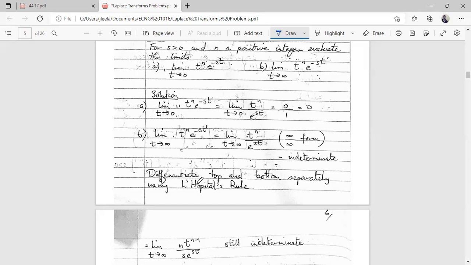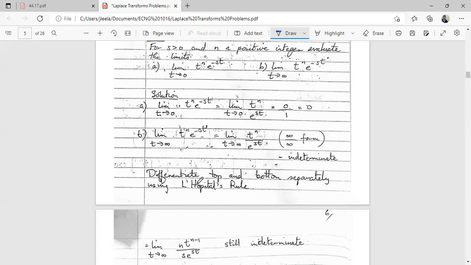And if t approaches infinity, you'll get e to the infinity at the bottom. So you'll get infinity at the bottom as well. So anytime you have a 0 over 0 or infinity over infinity form, you can't evaluate a limit like that. We say that is indeterminate, right?